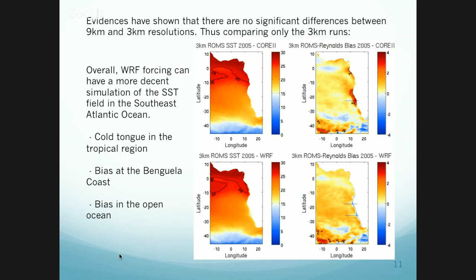Okay, so the top panel, the bias shows that we still have a warm bias here at the coast. And this one is actually the CORE 2 forcing minus the Reynolds SST. And we actually get a narrow band of cold SST bias here along the coast.